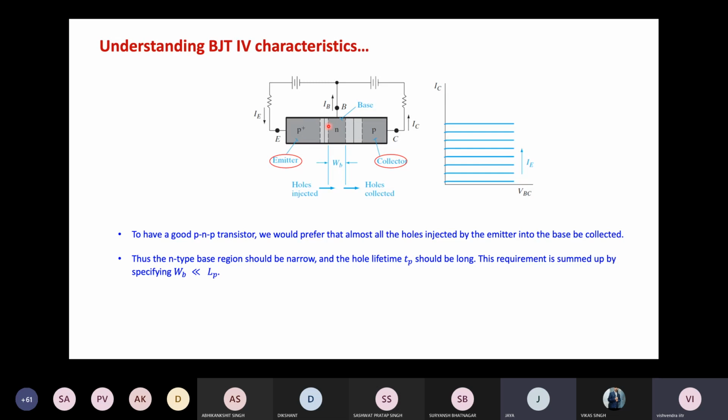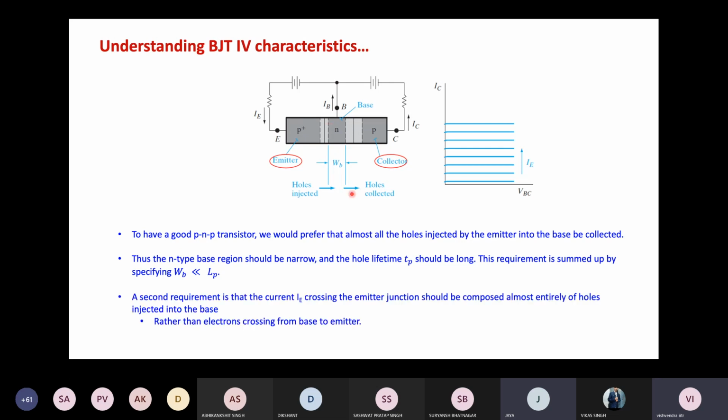So what I would say is that in order to make a good transistor in which a maximum current is delivered from emitter to collector, we need to have a thin base, and a lightly doped base. At the same time, we need to have a lightly doped collector as well, so that this reverse current is also less.